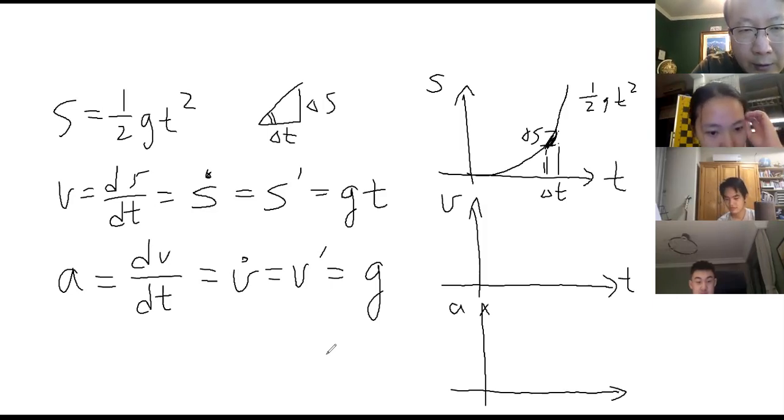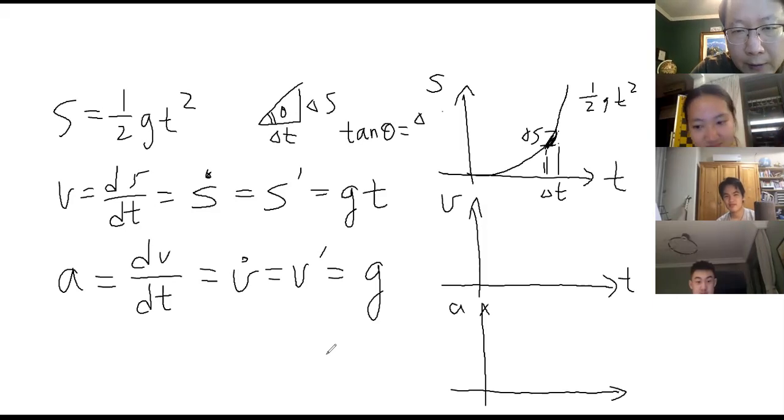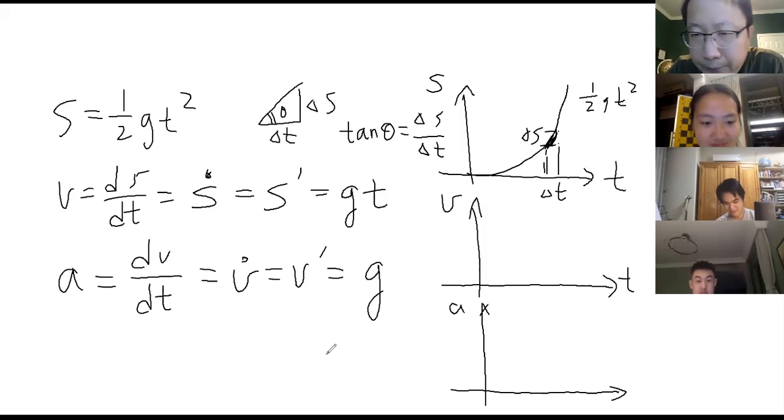The angle here is called theta. So tangent theta equals delta s divided by delta t, correct? Which is slope. So the derivative here really means calculating the individual slope at each individual point.